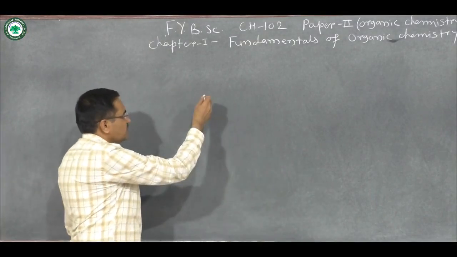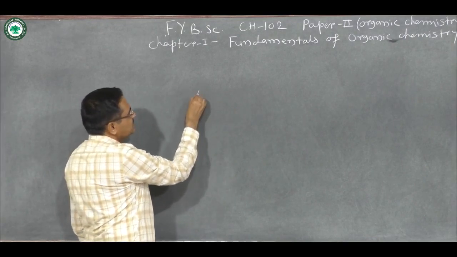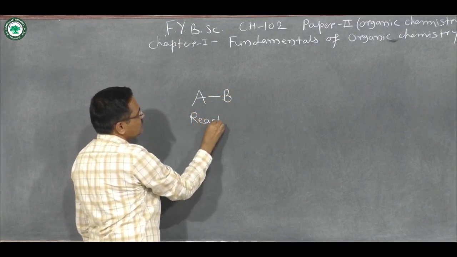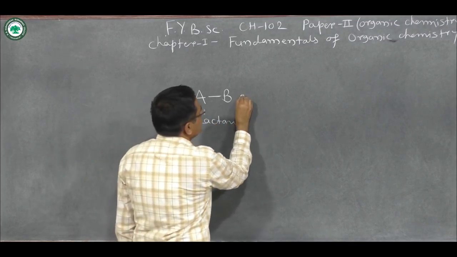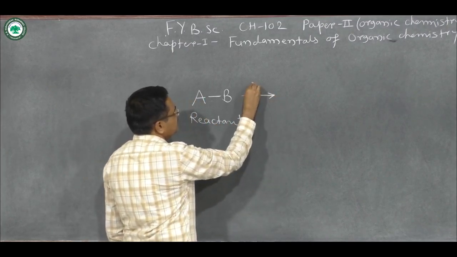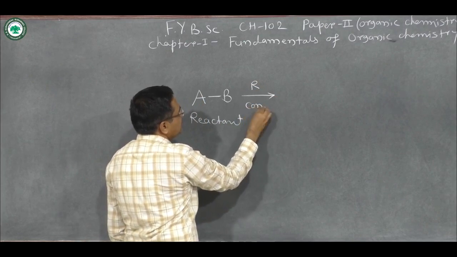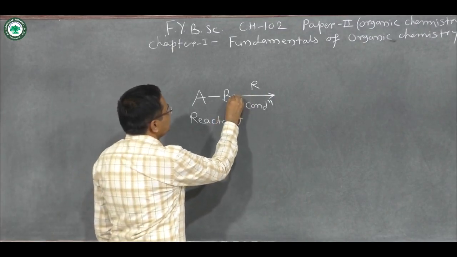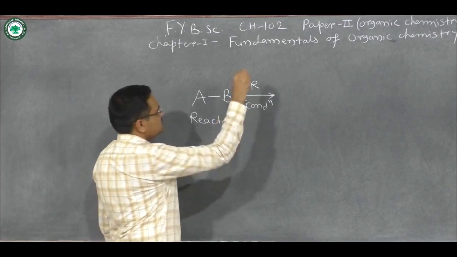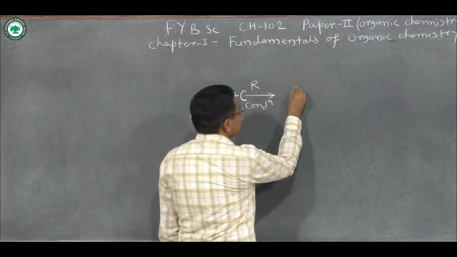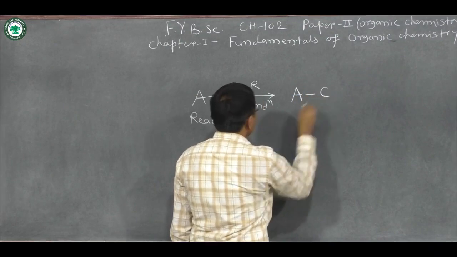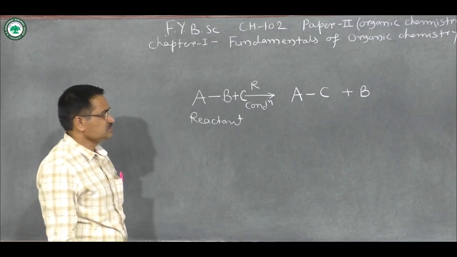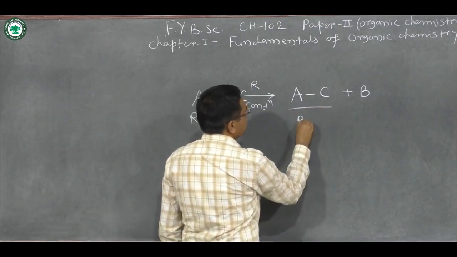Now, when we consider the general reaction here, suppose it is reactant A, in presence of some reagent and different condition, and it reacts with C. It gives product AC and B is side product. This is main product.